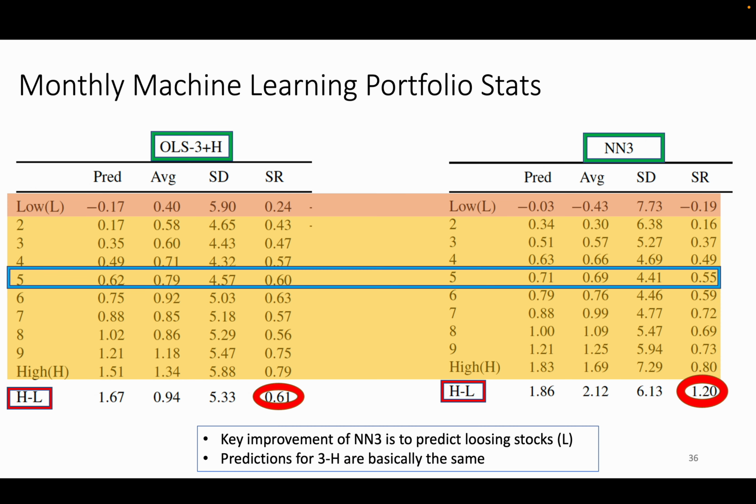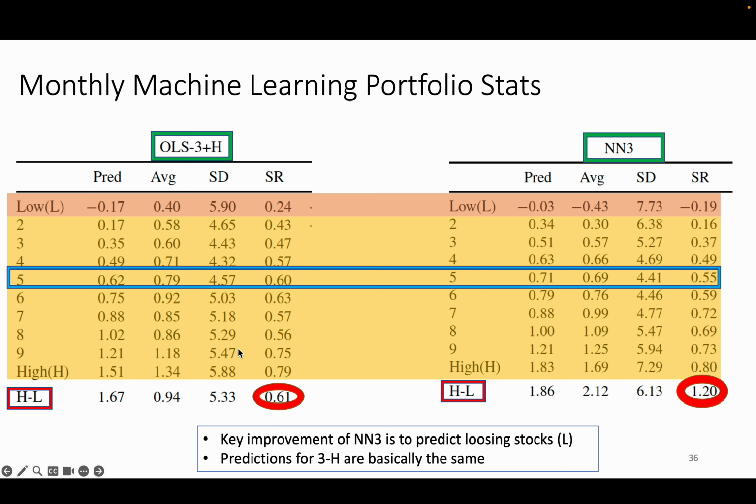So, monthly machine learning portfolio statistics. Now I have another table from the paper, so I added some color. So I look at my base case here of the paper, OLS3, momentum, book market, and size, linear regression, and then the neural network 3, which wins on a monthly basis.